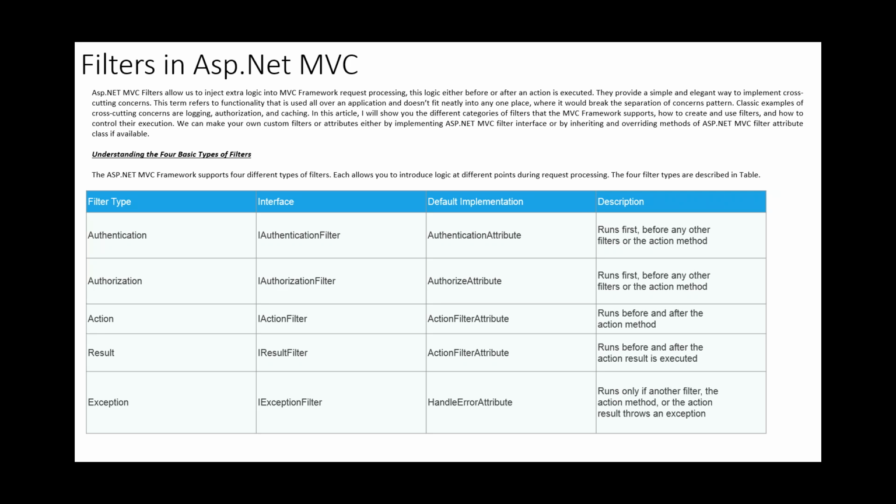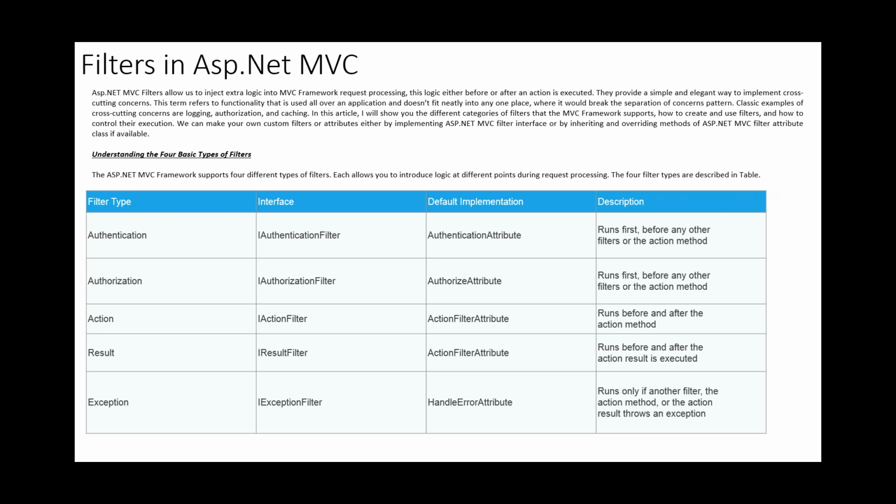The authentication filter validates your identity, whether the user is a valid user or not. But the authorization filter checks whether the logged in user has the permissions to execute this view or not.